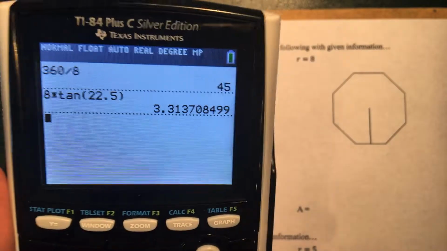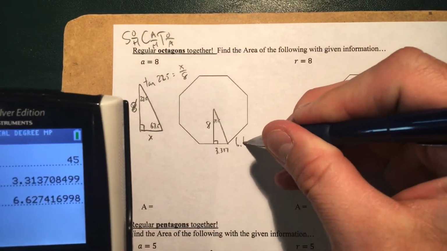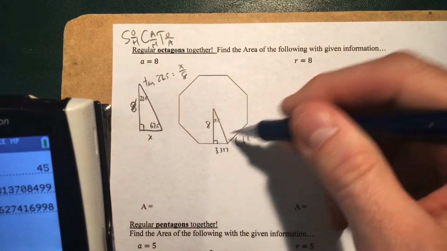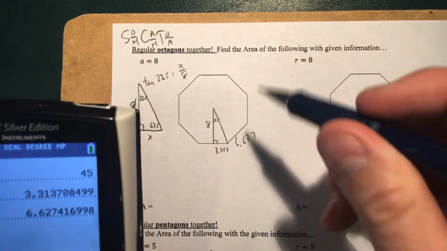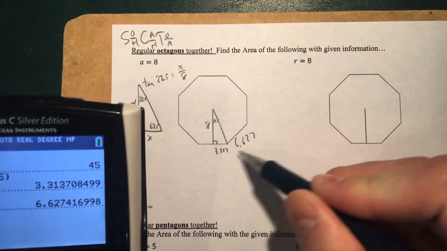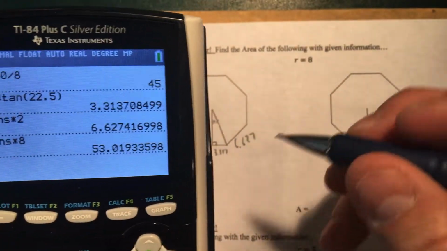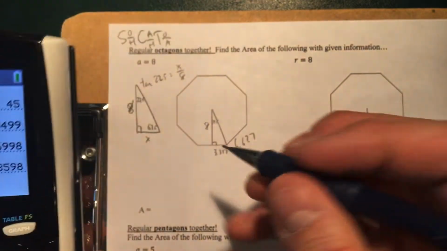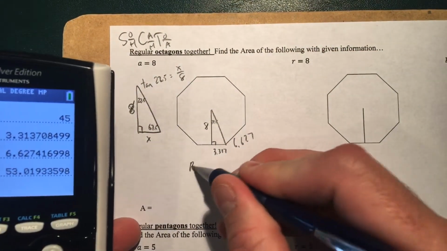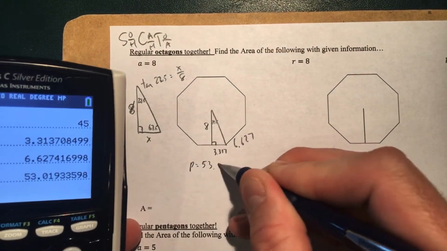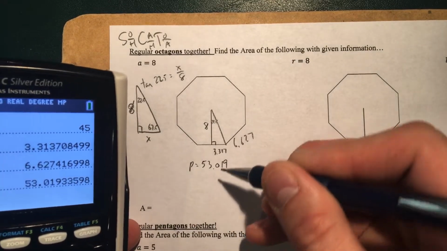So I'm going to multiply that by 2 to get one of my sides, 6.627-ish. Now, I could have just multiplied it by 16 to get the whole thing. But some of us are a little bit more comfortable multiplying that by 8 to get our whole perimeter. Now, that's my perimeter. Perimeter is 53.019-ish.